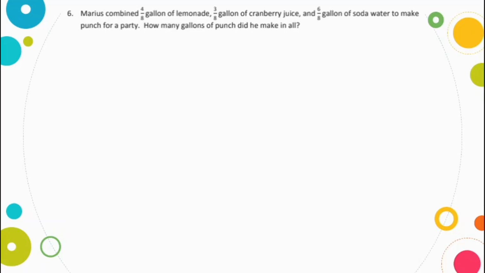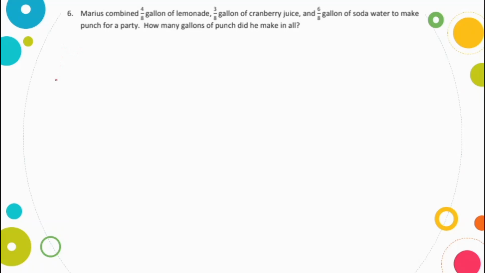This problem is directly off the EOG. I'm pretty sure it was this exact problem, and it dealt with lemonade or something. So you have to make sure you understand this problem, because this is where we want you to end up by the end of this module.